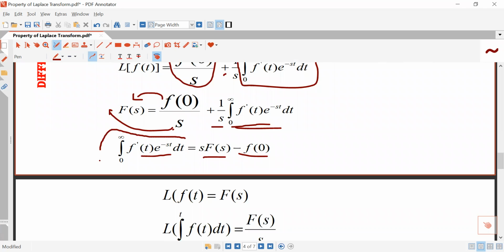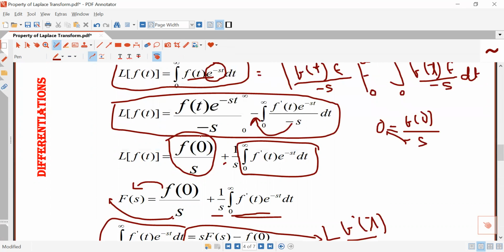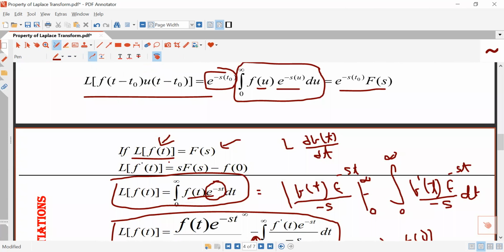And what is this? This is the Laplace transform of f dash t. So in this way, you can calculate the Laplace transform of differentiation. So if Laplace transform of f(t) is F(s), then Laplace transform of f dash t equal to sF(s) minus f(0).